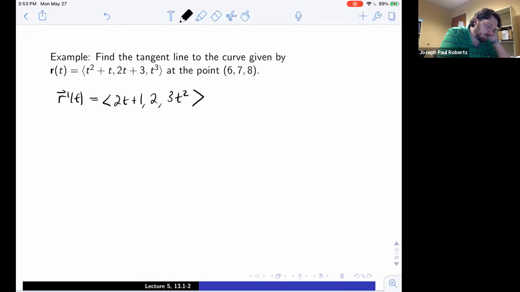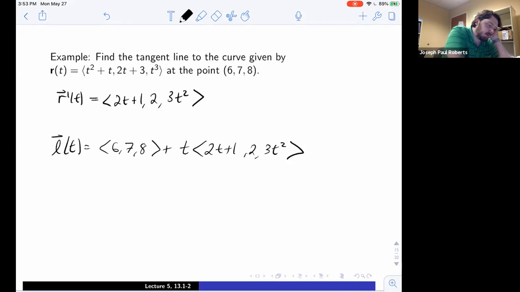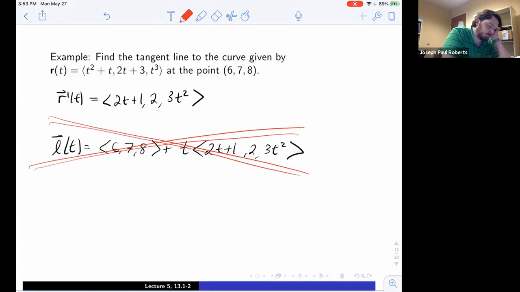Okay, so don't do this. L of t is 6, 7, 8 plus t times 2t plus 1, 2, 3t squared. No! That's not tangent, it turns out.